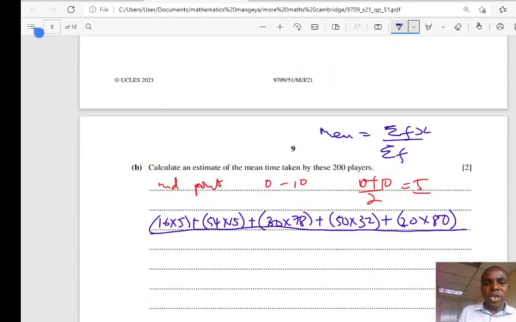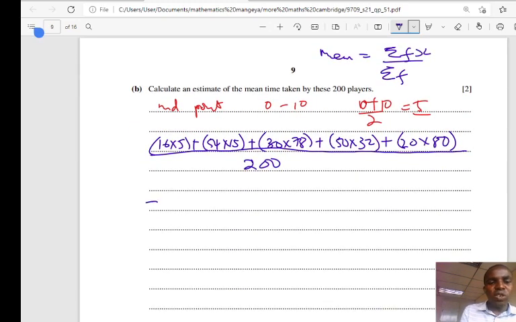The total frequency is supposed to give you 200. Then you just use your calculator over 200 here. You punch 16 times 5 plus 54 times 15 plus 30 times 78 plus 50 times 32 plus 20 times 80.